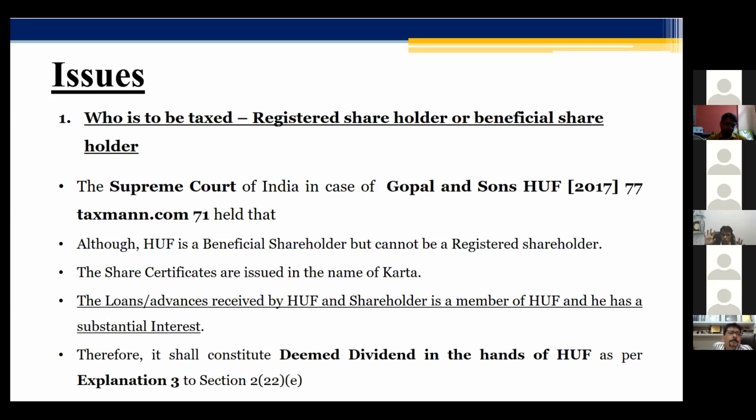So in short, it will be taxable in the hands of the beneficial shareholder. If you are the auditor of a beneficial shareholder, though you may not be a registered shareholder, and the investments appear in your books and you receive any advance or loan and you are not declaring it as dividend or salary, only reporting it as an advance receipt from that investee entity, it would be covered under 2(22)(e).